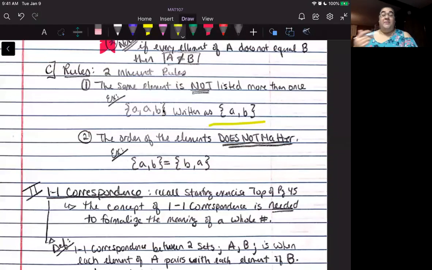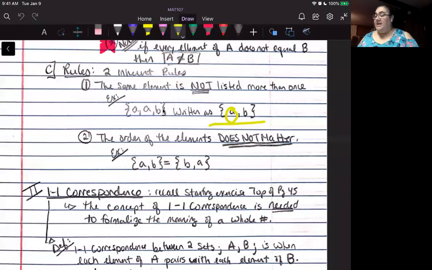It doesn't matter if element A shows up twice, 3, 4, or 5 times in the set that you're talking about. When you're writing or stating that set, you would only list element A one time, because listing it one time is sufficient to say that it exists in the set. It doesn't matter if, when you look at the actual set in real life, element A exists in that set 3 times, 4 times, 5 times, okay? Also, the order of elements does not matter.